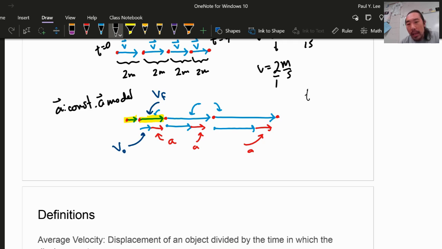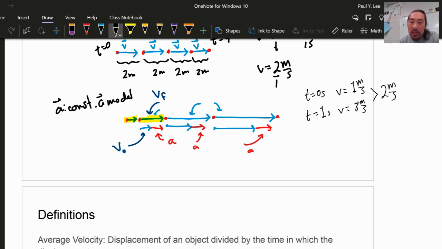So let's say that at time of 0 seconds, your velocity is, let's say, 1 meter per second, okay? And at time 1 second, let's say our new velocity is 3 meters per second. Okay, and so we can take a look here. The difference, okay, how much did we change our velocity by? I would say that would be 2 meters per second.